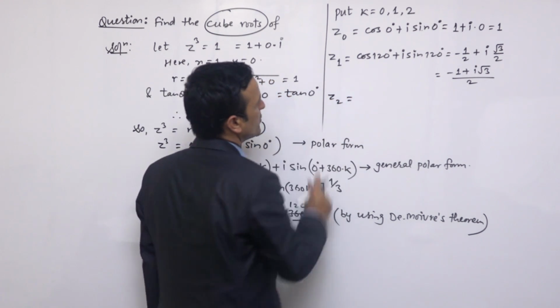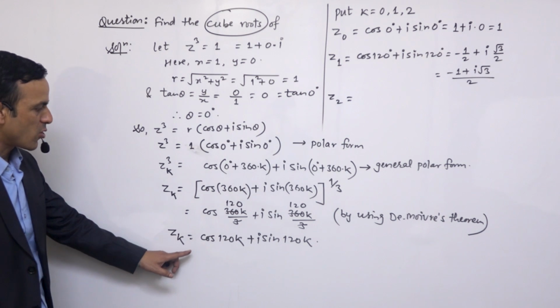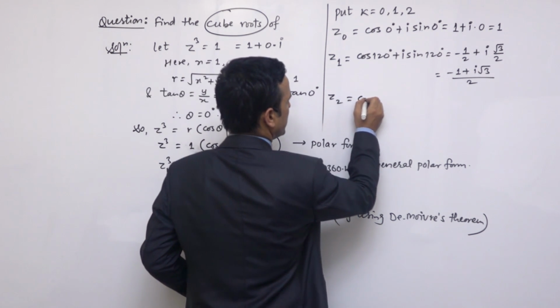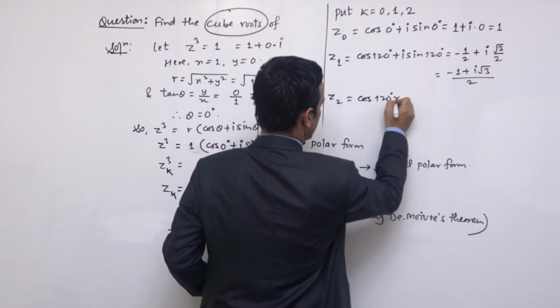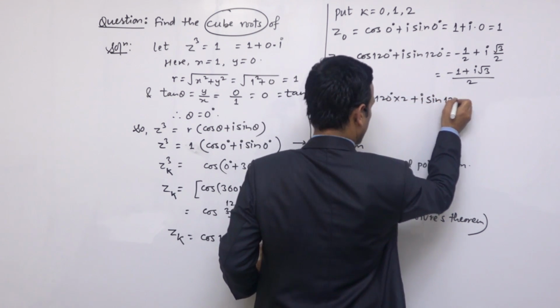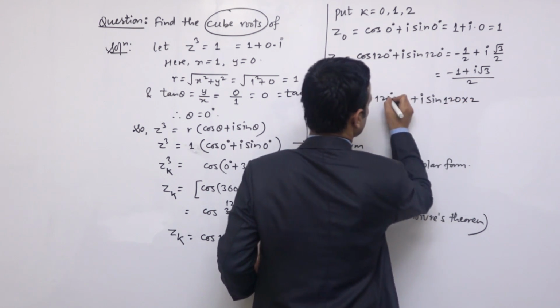So if we put the value of k as 2, where k is, put 2. Then it will be cos 120 into 2 plus i sin 120 into 2.